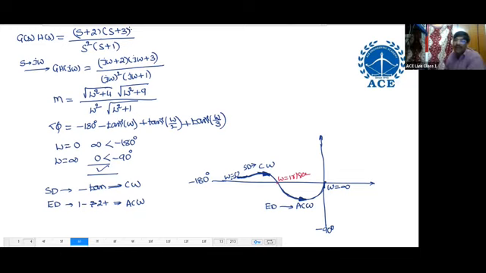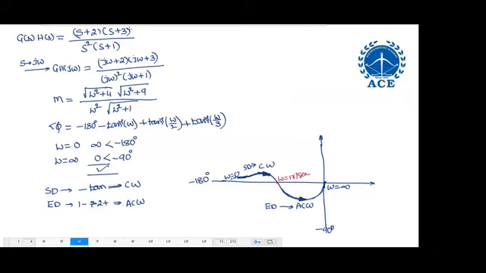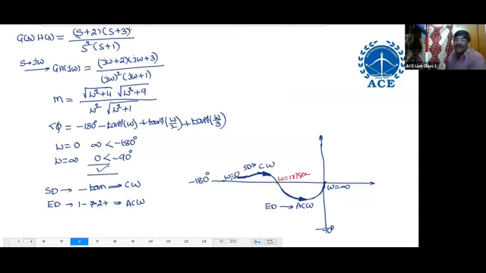Plus or minus 180 by n, I told already. The question asks about two adjacent asymptotes, so it is plus or minus 180 by n. If plus or minus is not there, then you have to take 360 by n, which is 360 by poles minus zeros. N is called P minus Z only.